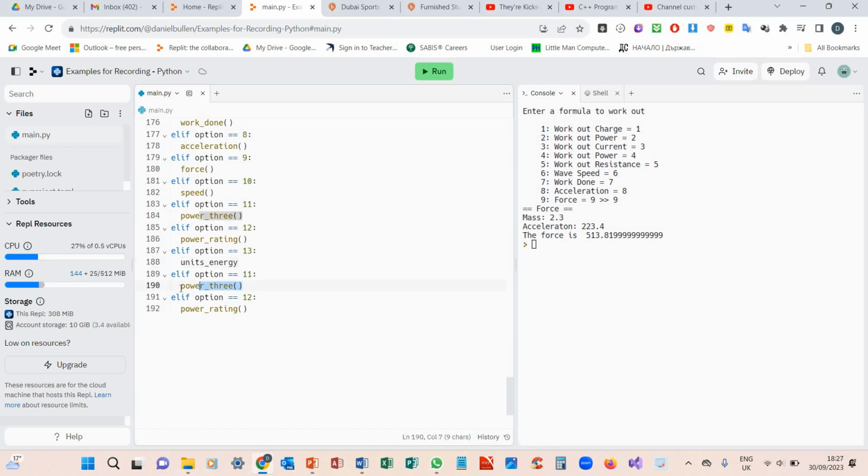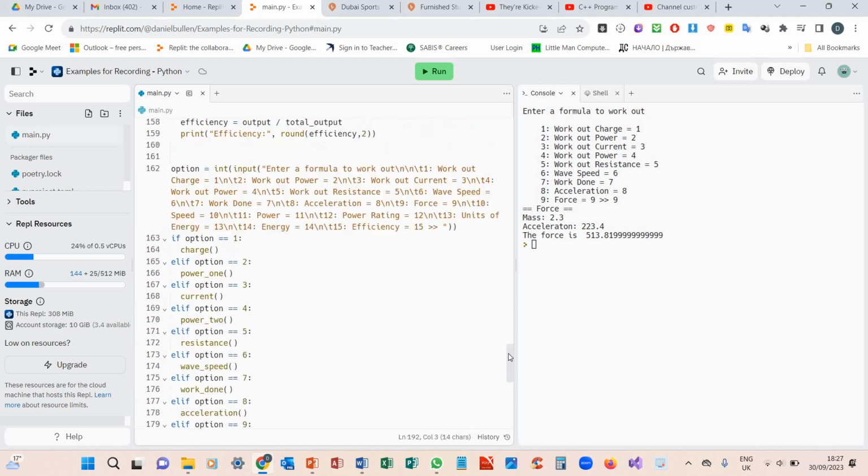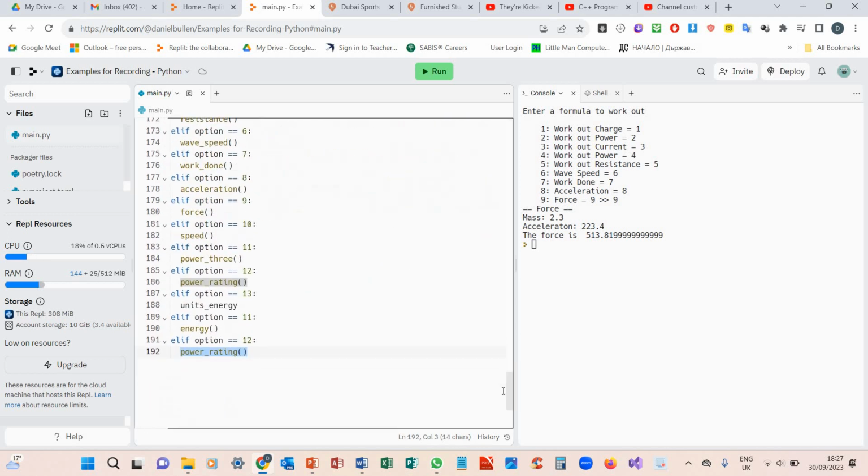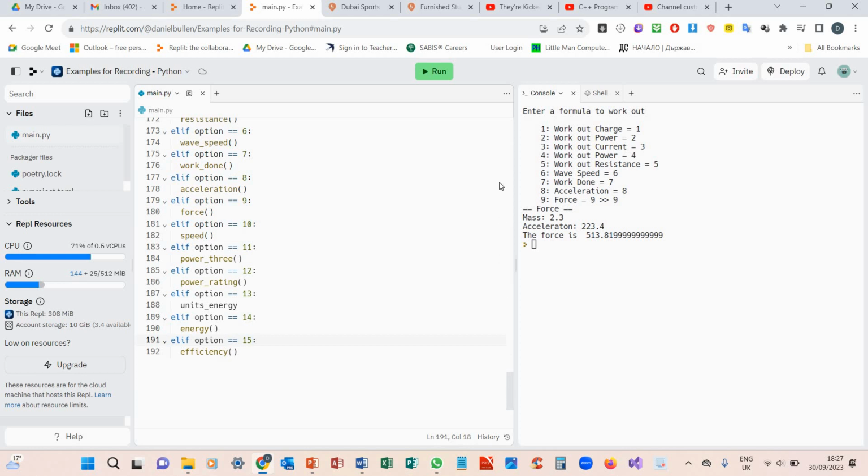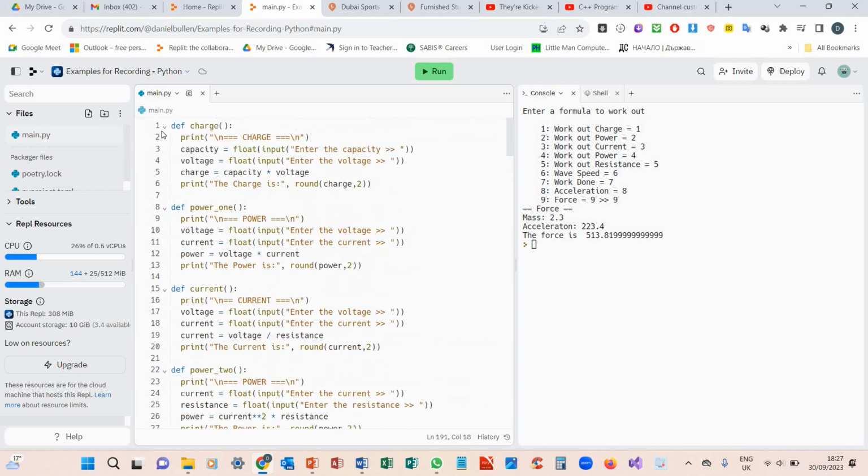Units energy, and then we've got energy, and then last but not least, we've got efficiency. 12, 13, 14, 15. We could leave it like that, but we're not going to.